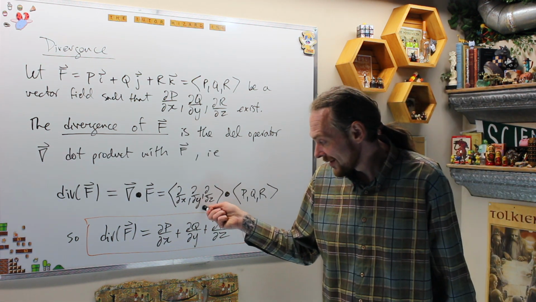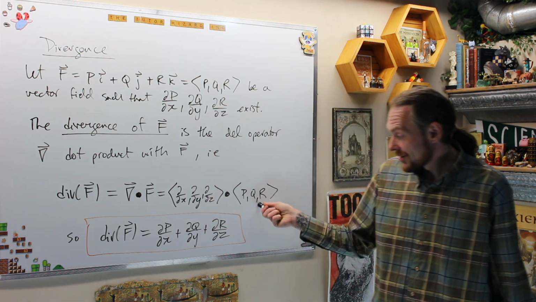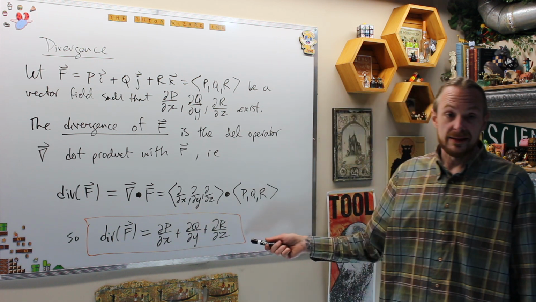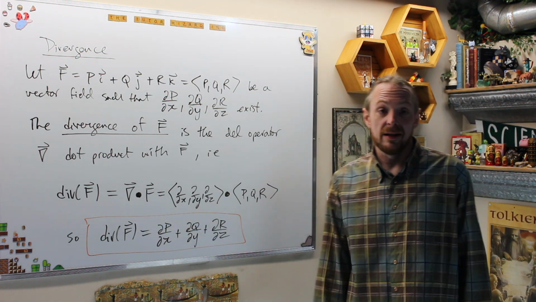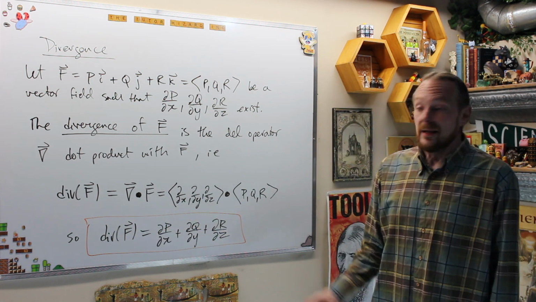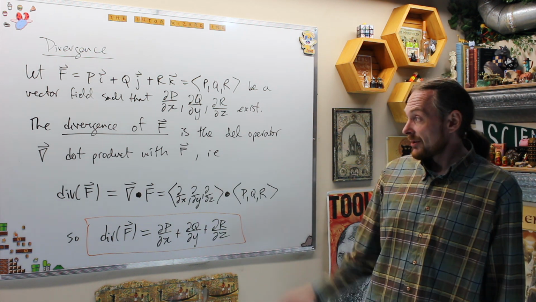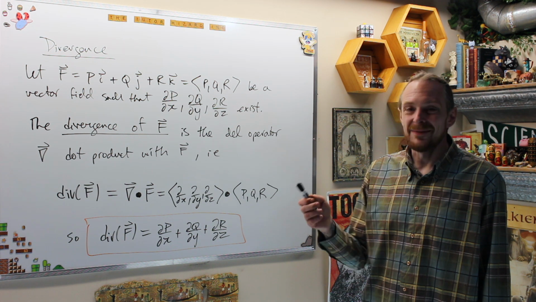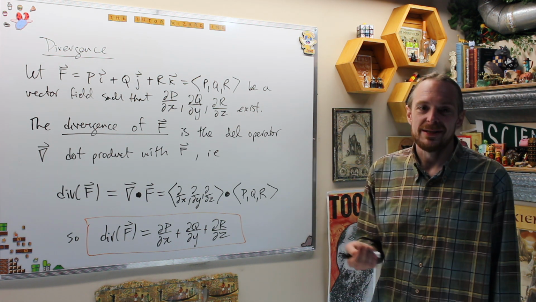It is this vector del dot product with our vector PQR, which gives us this definition. The divergence of a vector field is this expression, which of course is why we wanted these to exist in the first place.